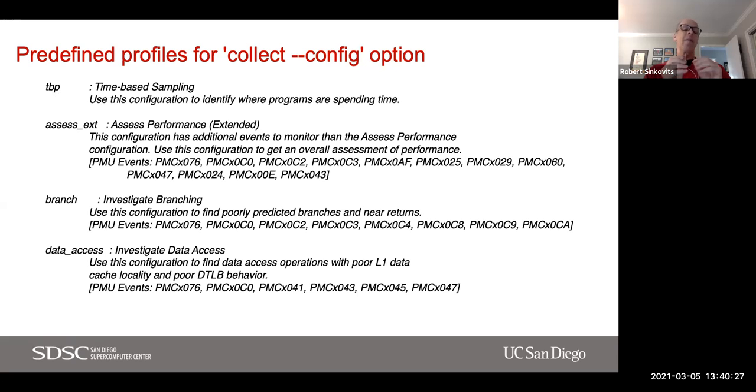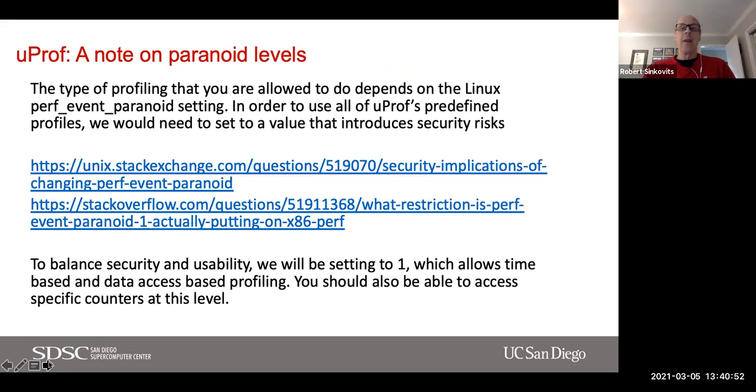So you can specify in particular which events you want to track. But I think in most cases, it's easier just to use these predefined profiles. It's much simpler. And counters that would logically go together for profiling your code are already pre-grouped for you. Now, there's one wrinkle that we ran into, though.